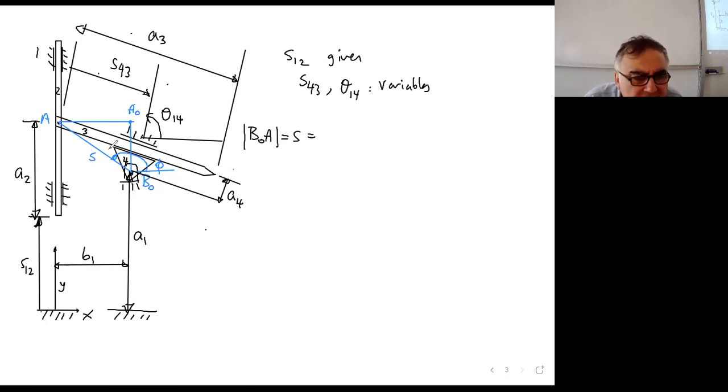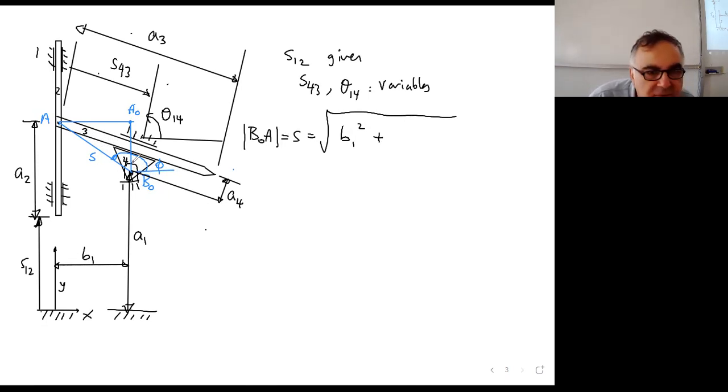Now look at this S. S is equal to, well, look at this triangle. If you want to find this S, it is equal to the square root of b1 squared plus, now, what is that? This a0, b0. What is a0, b0?